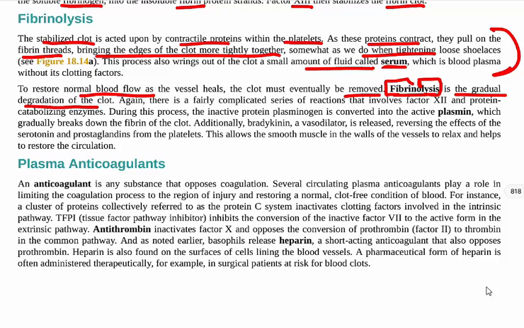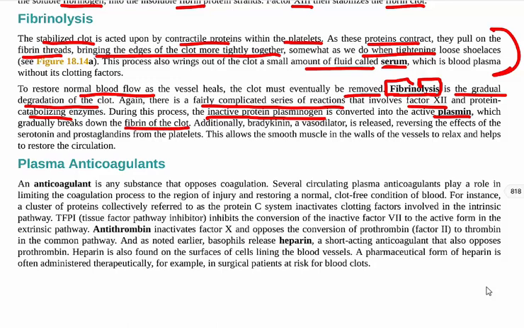A very complicated series of reactions that involves factor 12 and protein catabolizing enzymes. All right, so during this process, we have inactive protein, plasminogen, is converted into the active plasmin, which then is going to break down the fibrin of the clot.